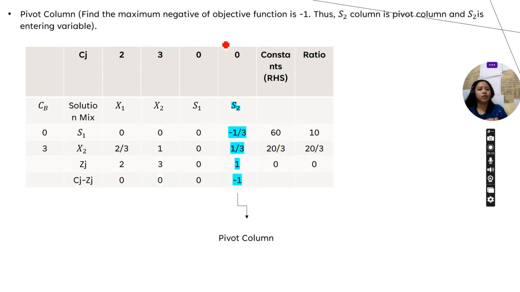Pivot column. To find the pivot column, let's check where the maximum negative is. So the maximum negative is negative 1, which belongs to the S2 column. So this is already our pivot column.